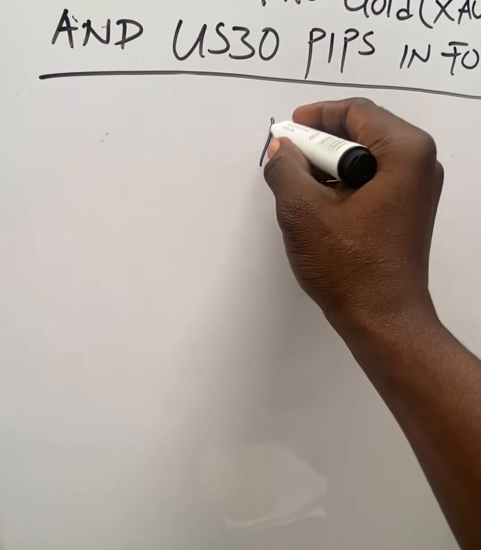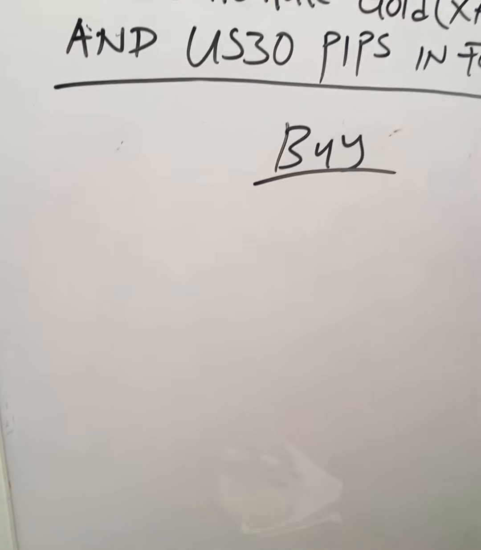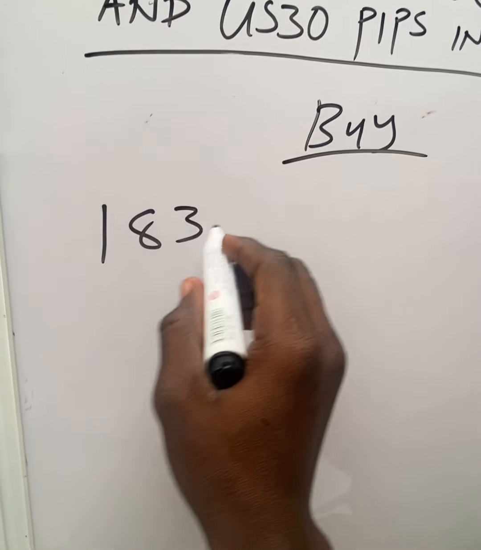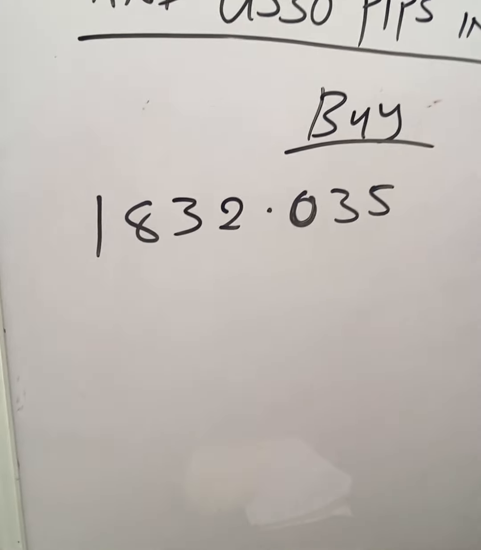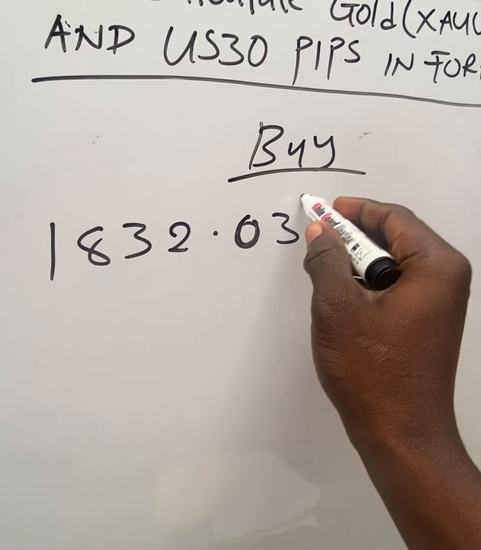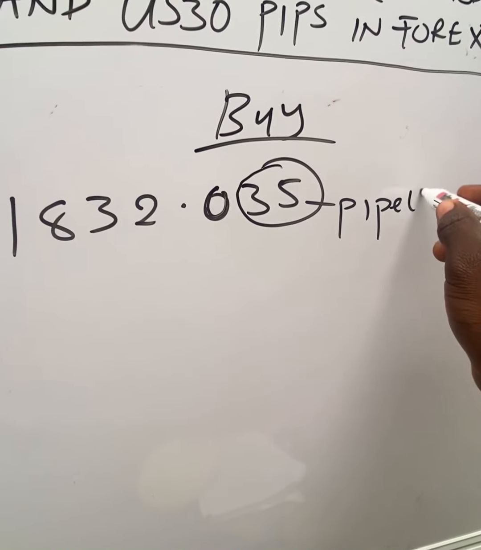So let's do an example for a buy trade. If you are buying, you have the gold current price as 1832.035, and we are given a 50 pips stop loss. What you have to do is, these two guys, they are pipettes. Understand?